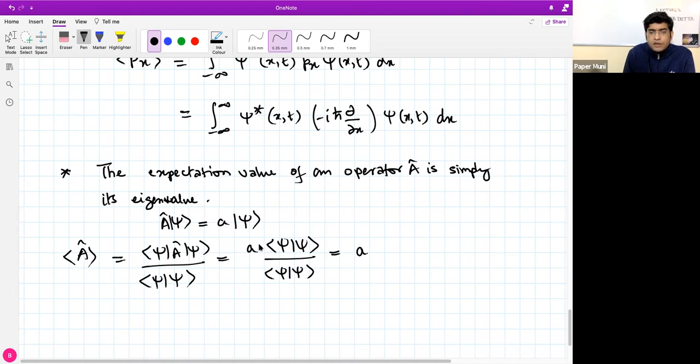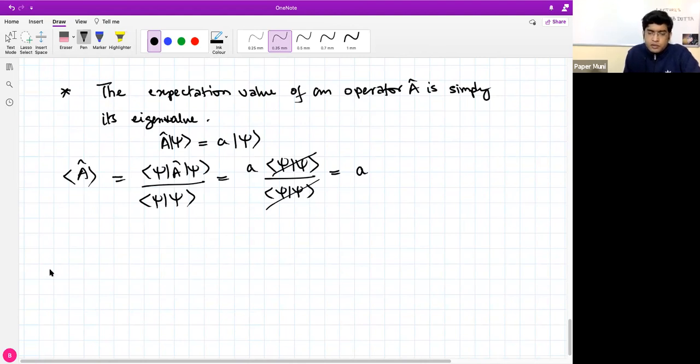Now a is a scalar quantity, it will come outside the inner product. So this is also an inner product, this is also an inner product. These two will have the same answer, whatever it is, but now these two can be cancelled out, and we'll get a. So we can see that if a is the eigenvalue of the operator A with respect to a wave function, then the expectation value of A is basically equal to its eigenvalue. All right.